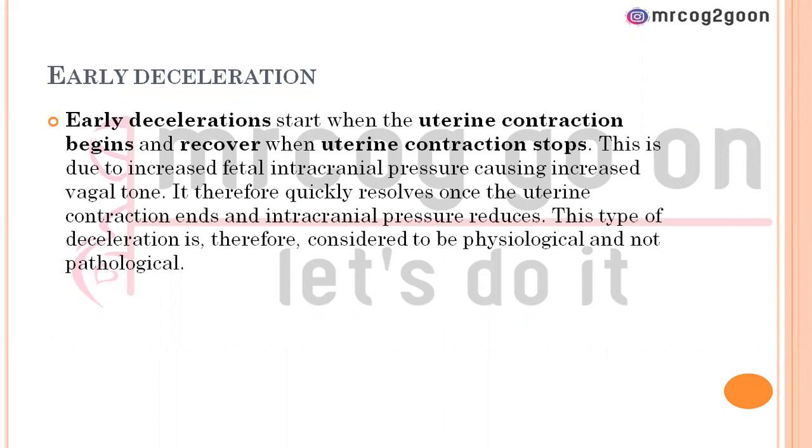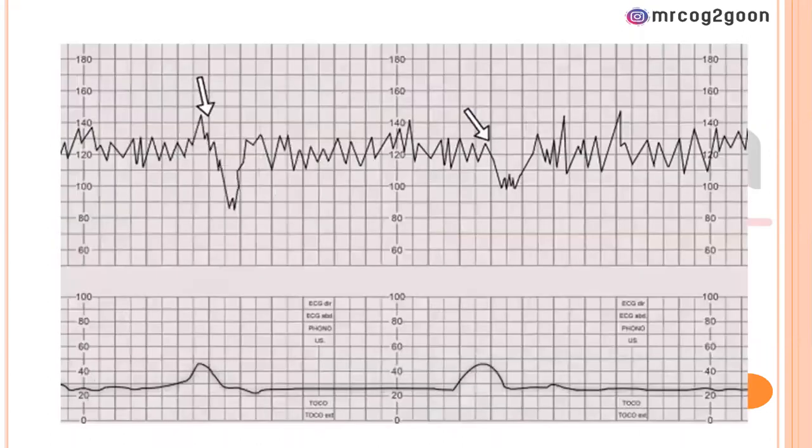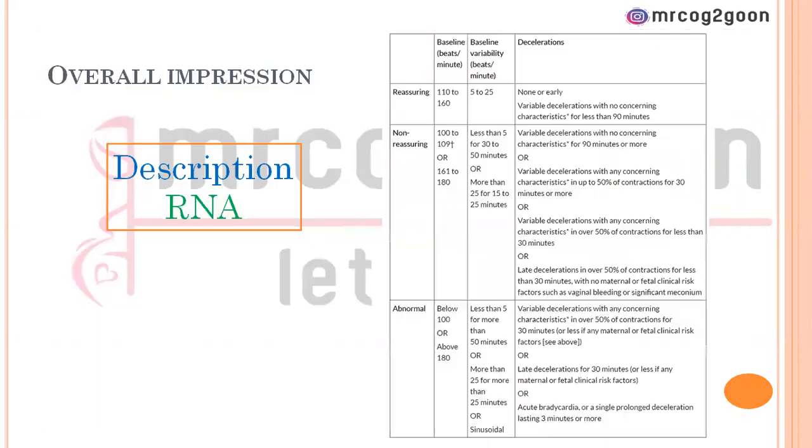So the early deceleration is always physiological. The stuff I was telling you about it is really about the variable deceleration. The variable deceleration with no concerning features for less than 90 minutes is reassuring.